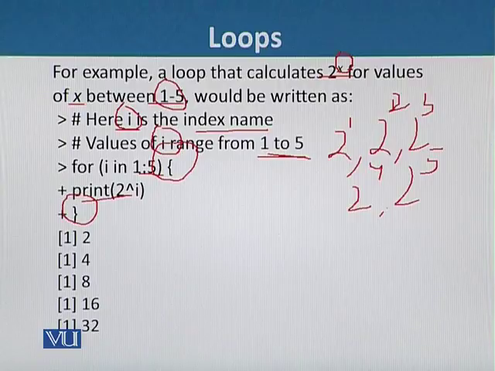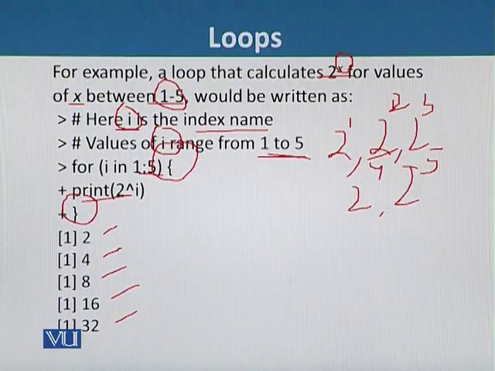So the answer for 2 raised to power 1 will be 2, for the second one, 2 raised to power 2 will be 4, for the third 8, 16, and the last, 2 raised to power 5, will be 32. So it has repeated its command 5 times, as we have given within the for loop.